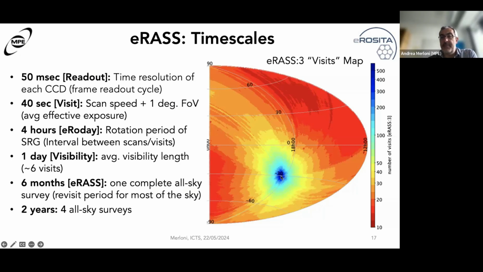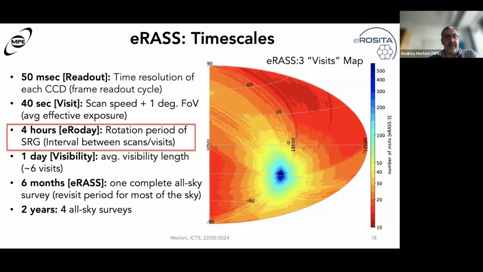And then the blue dark part is the south ecliptic pole, and here we go up to hundreds of visits in a small area around the ecliptic poles. And this pattern essentially repeats every 6 months. So one source gets 6 visits in 1 day, and then another 6 visits after 6 months. And this allows us to trace phenomena on time scales of hours, days, and months.